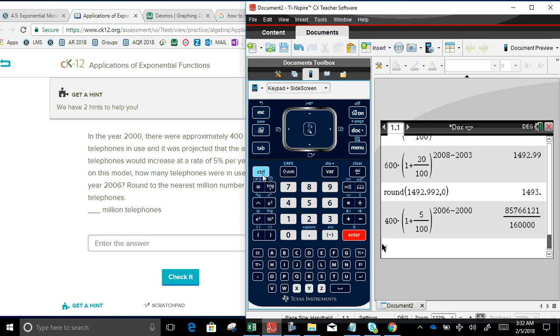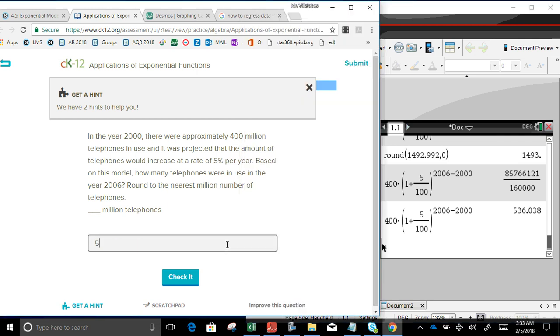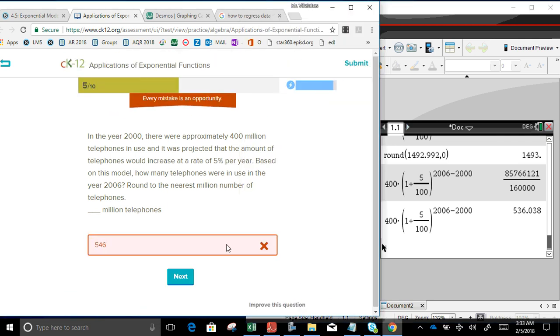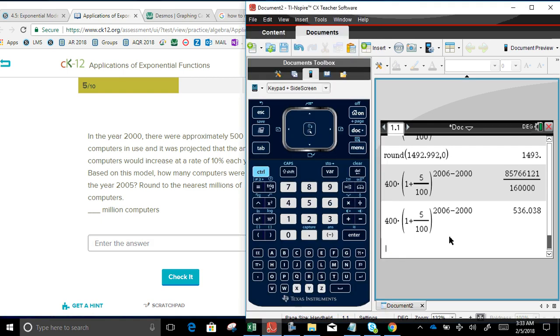Control enter. Or could have added a decimal. 536. Oh my gosh, I typed 546. Whoops. I meant 536. Well, same expression.